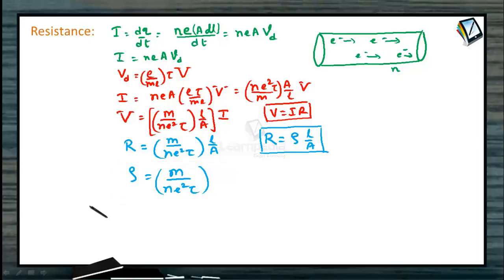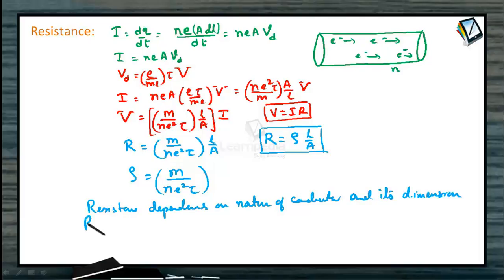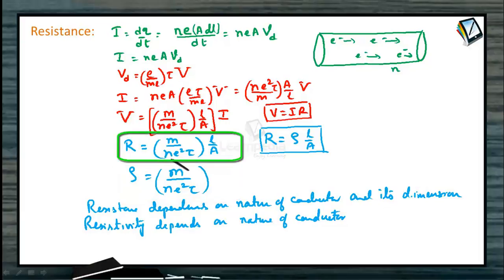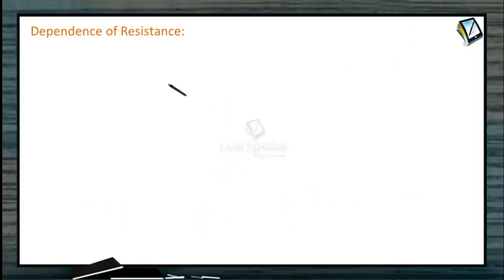Resistance depends on the nature of the conductor and its dimensions, whereas resistivity depends only on the nature of the conductor and not on the dimensions, that is length and area of cross section. Rho is m by n e square tau, whereas R is equal to m by n e square tau into L by A.